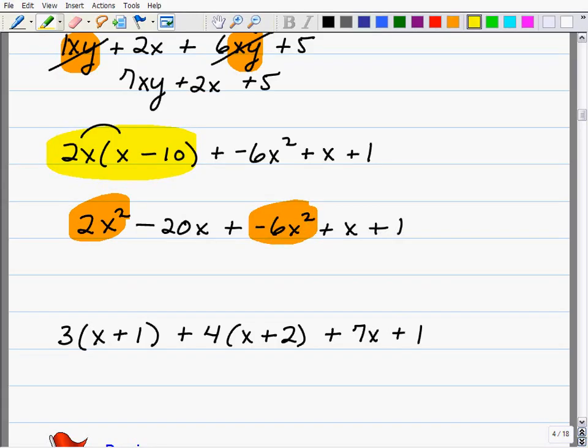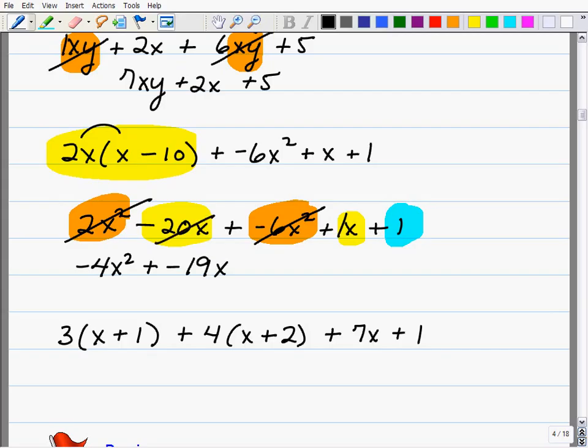I have a negative 20x, and I'm looking for x terms. This would be my only constant right here. So let's simplify this. 2x squared and a negative 6x squared, adding the coefficients, is negative 4x squared. Negative 20x plus a 1x would be negative 19x. And then I'm just left with this 1.